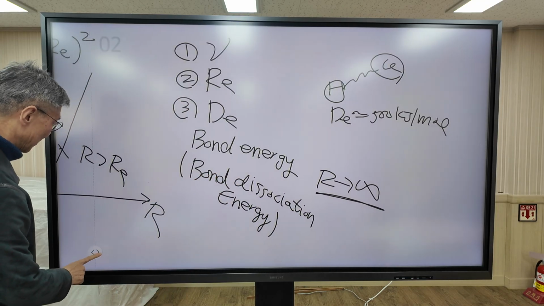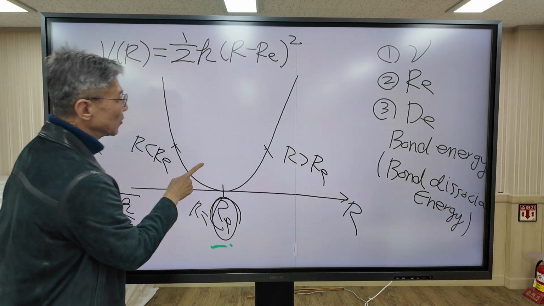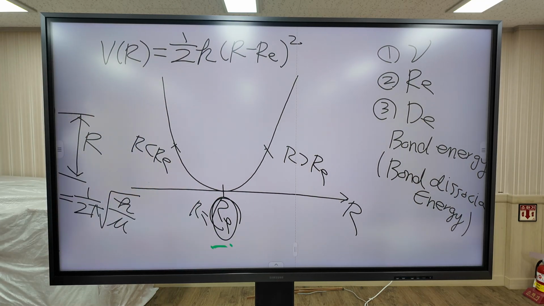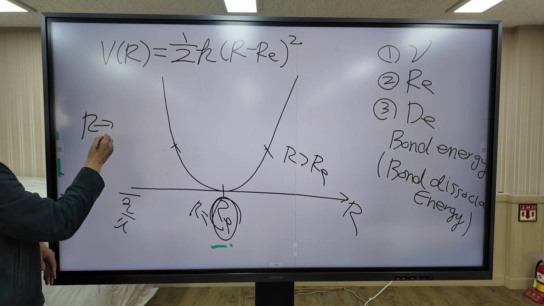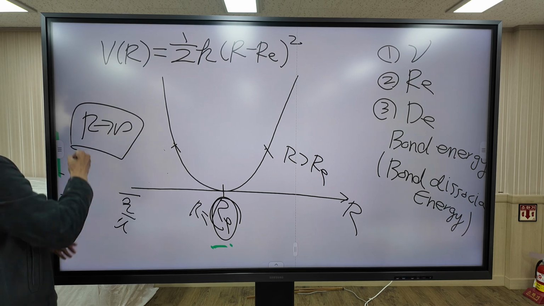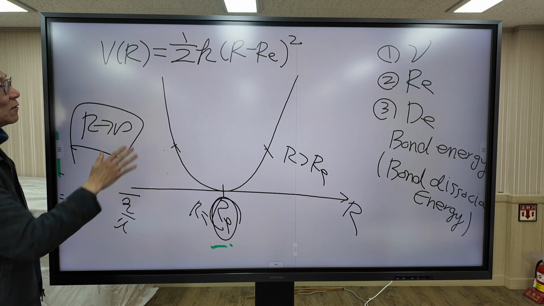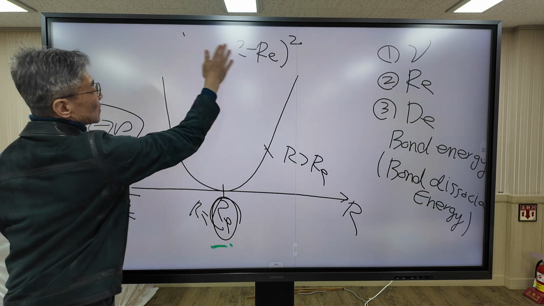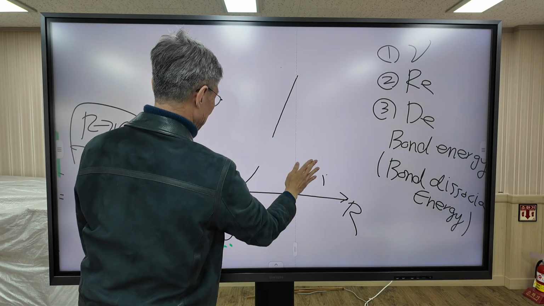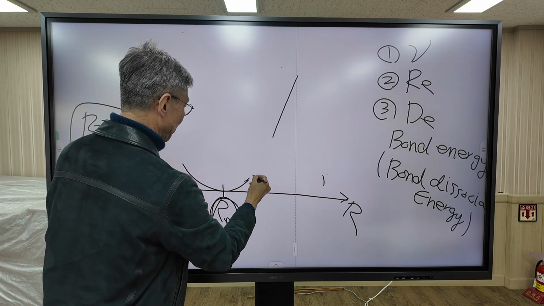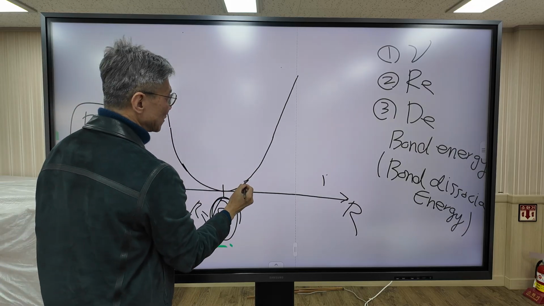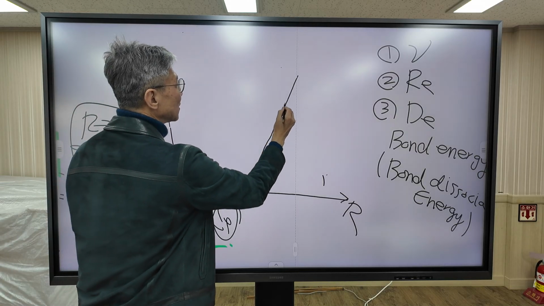But this harmonic oscillator model has a problem. In this model, r cannot go to infinity. Why? In this harmonic oscillator model, the potential energy curve keeps rising to infinity.